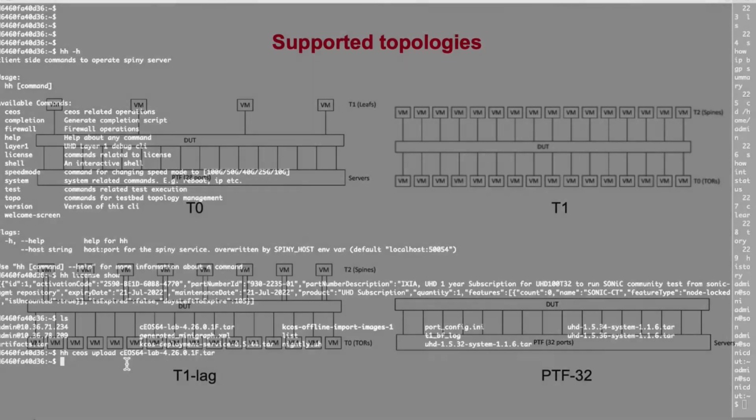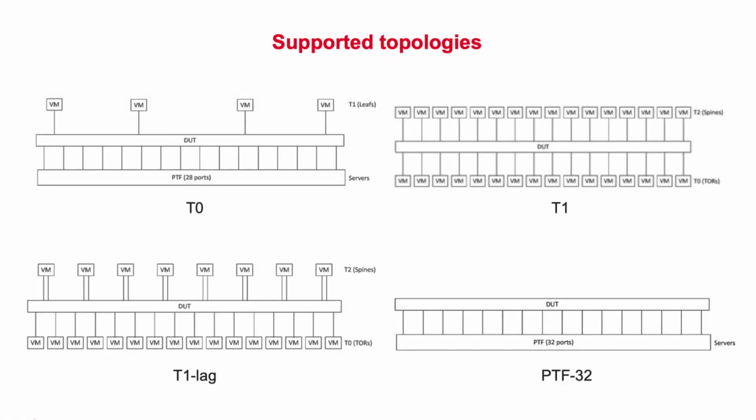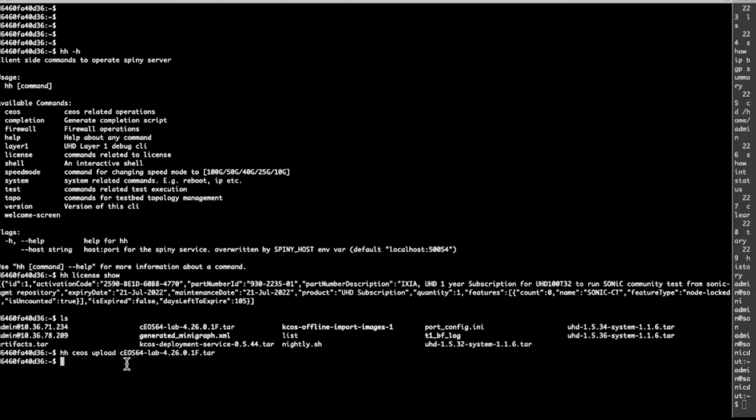Currently, we support 4 topologies in our product, because these topologies require a maximum of 32 ports, which is what the box supports. The topologies are T0, T1, T1 lag, and PTF32. The way we deploy a topology is using hh topo start.